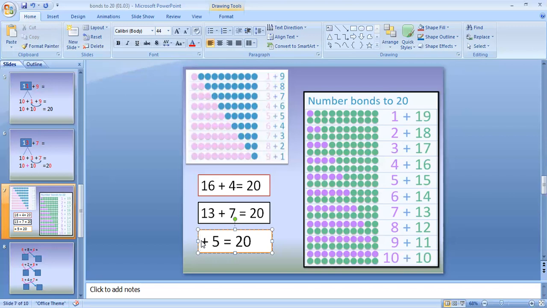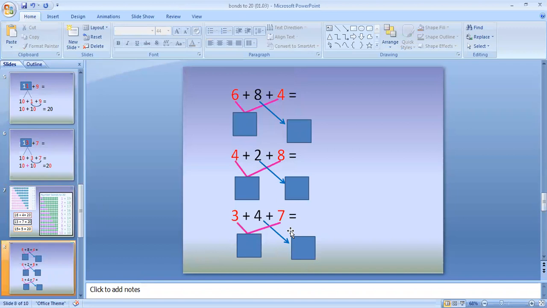You can tell me the answer. Is it 15? Yes, it is 15. Now here we had 3 sums to find the missing number without doing any calculation. With the help of number bonds to 20, we found the answer. So, please practice. Keep these things in your mind. Then it is easy for you to do your sums.